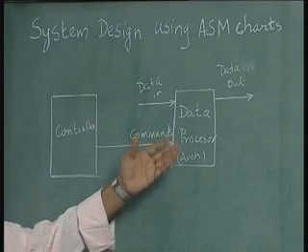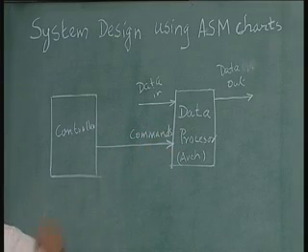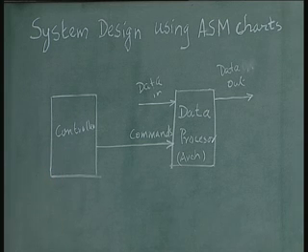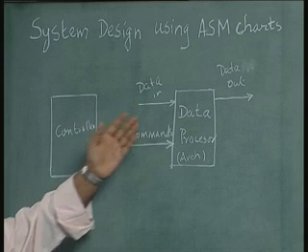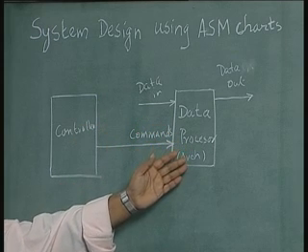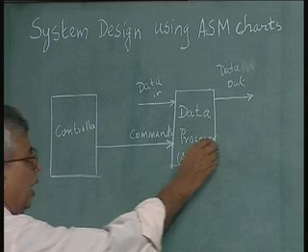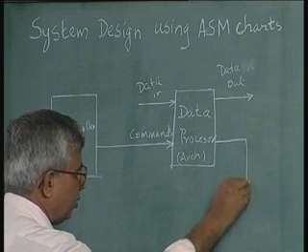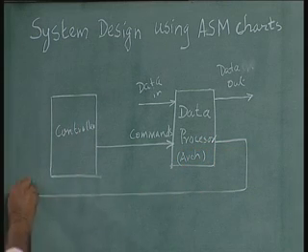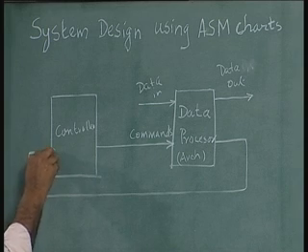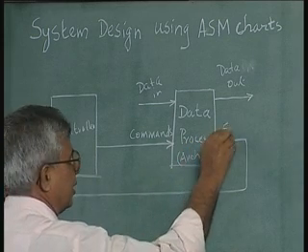Based on a command, the data processor initiates any action. And how does the controller know when to give command? It cannot keep on issuing commands regardless of what happens in the data processor. So, of course, it needs some information back from the data processor. So, that means we also need some signals back from data processor into the controller. These signals are called status signals.